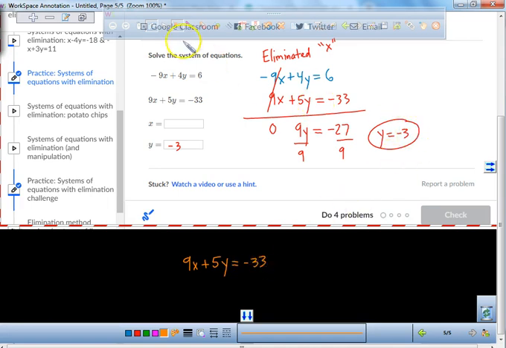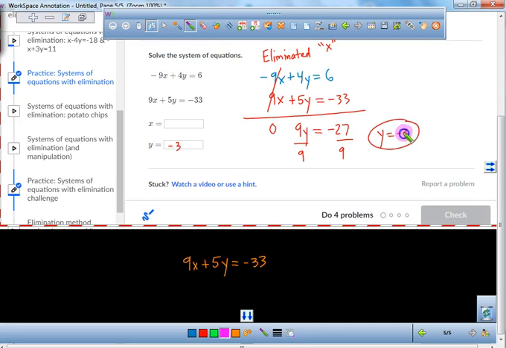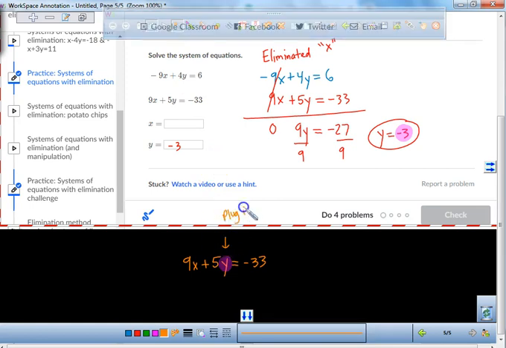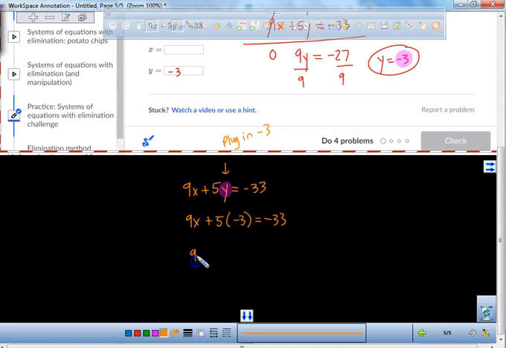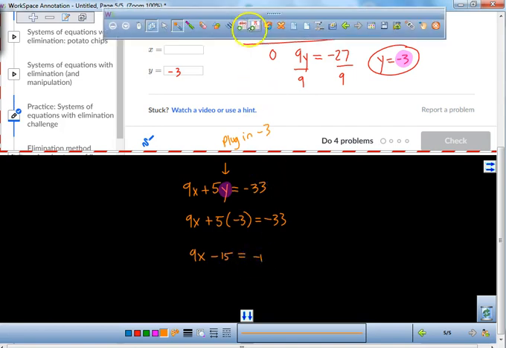I already know my y value is negative 3, so I plug in negative 3. So here we go: 9x plus 5 times negative 3 equals negative 33. Multiplying, we get 9x minus 15 equals negative 33.